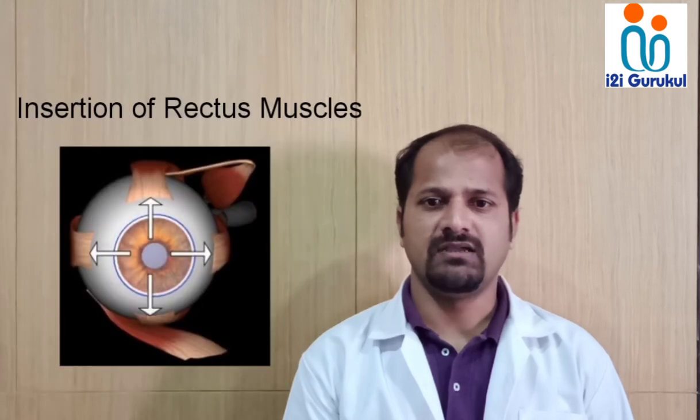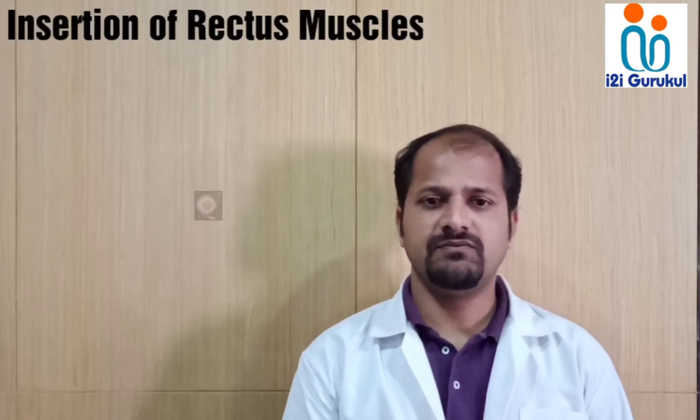All the 4 rectus muscles run forward around the eyeball and are inserted into the sclera by flat tendons about 10 mm broad, at different distances from the limbus. Now we will go through the insertion of the 4 rectus muscles, at what distance from the limbus they are inserted.